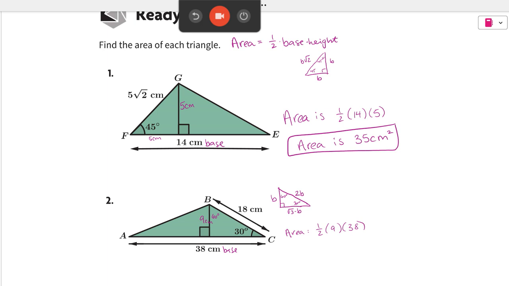So 1/2 times 9 is 4.5, although I think it's easier to do 1/2 times 38, which is 19, and then 19 times 9 gives us 171. So the area is 171 centimeters squared.